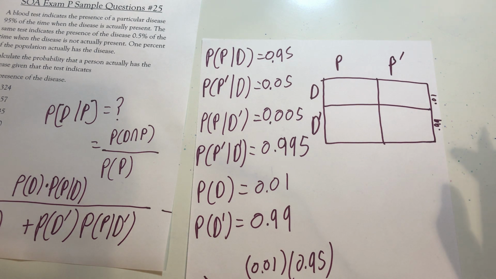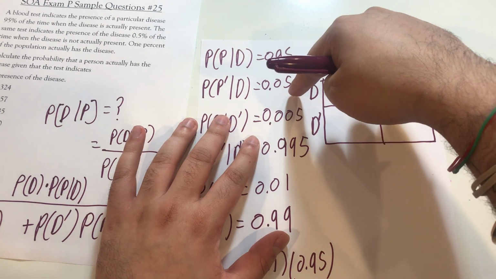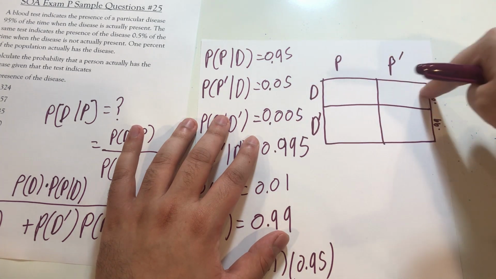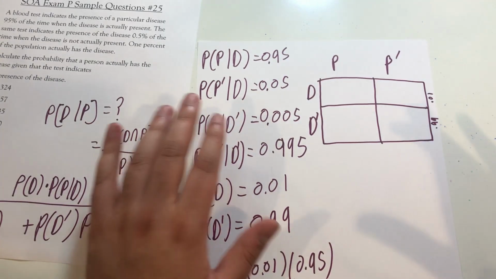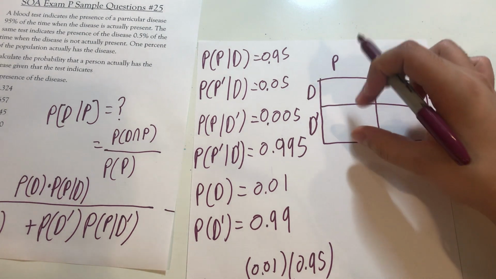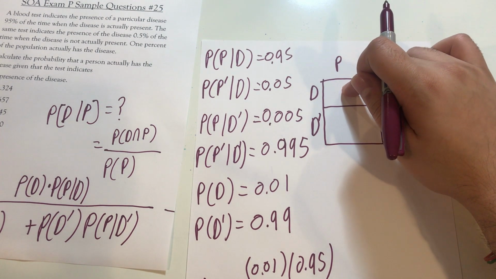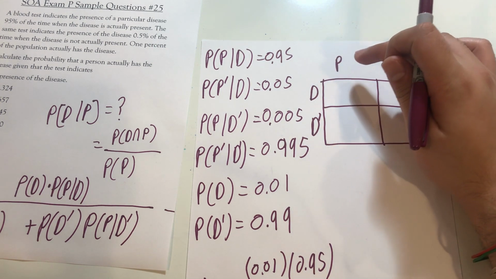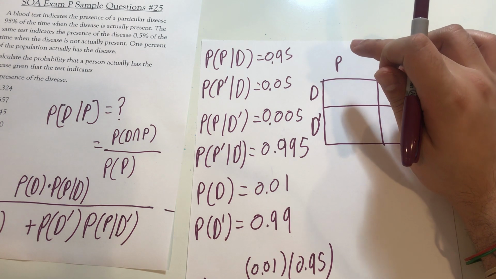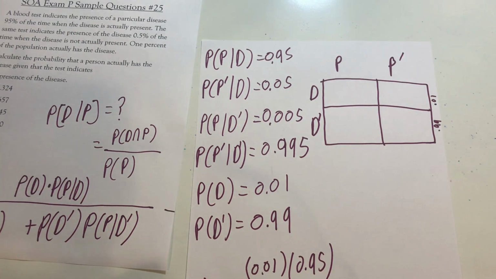And what we're told is that 95% of the time where the disease is actually present, that means in 95% of all of these cases, you do in fact test positive for the disease. Because this box actually represents the probability of having the disease and testing positive, that would be 0.95 times 0.01.